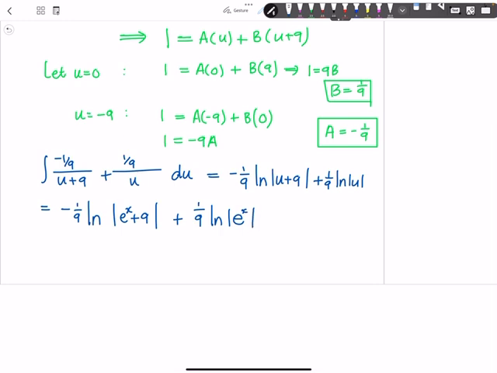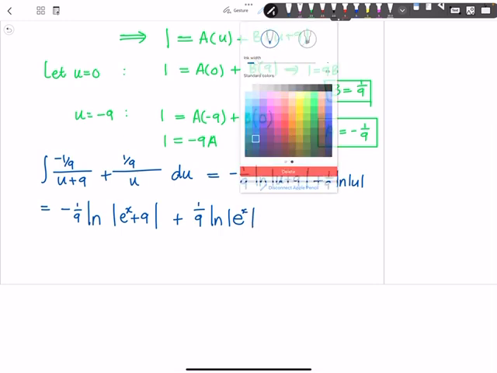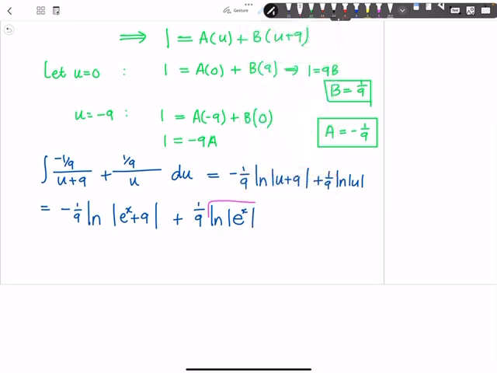One simplification we can make here is that the natural log of e to the x is just equal to x. And so finally, I will give this answer as negative 1 over 9 natural log absolute value of e to the x plus 9, plus simply x over 9, or just 1 over 9 times x, plus c.